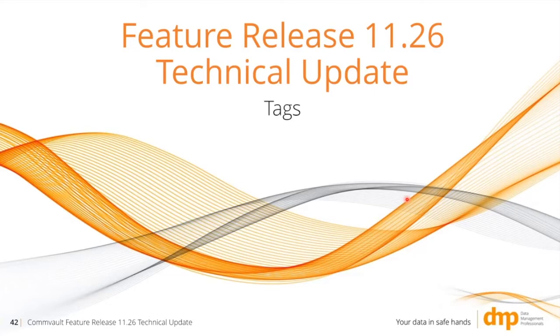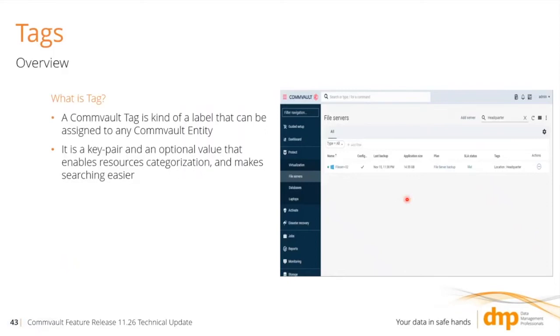Tags, Commvault tags. So yeah, what is a tag? A tag is a kind of label that you can apply to objects in your CommCell environment. We know that, for example, VMware is using tags, and a lot of other vendors are using tagging to filter and to identify certain entities within their product. Commvault already uses that to define virtual machine groups based on VMware tags, for example.